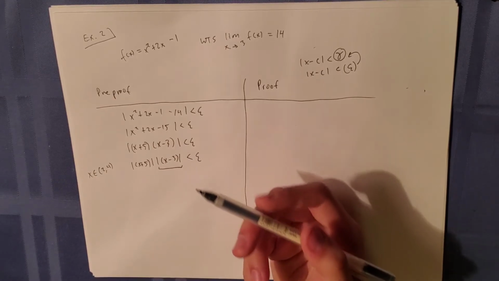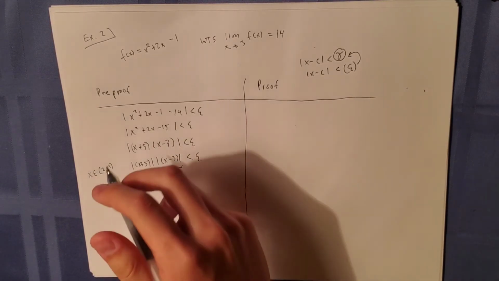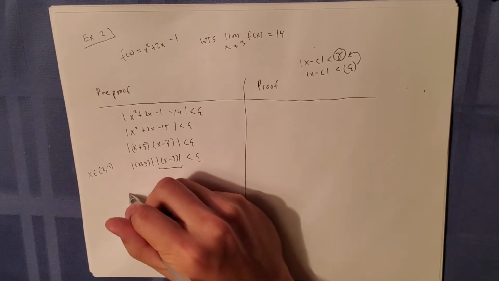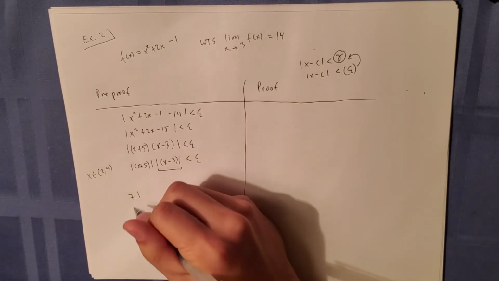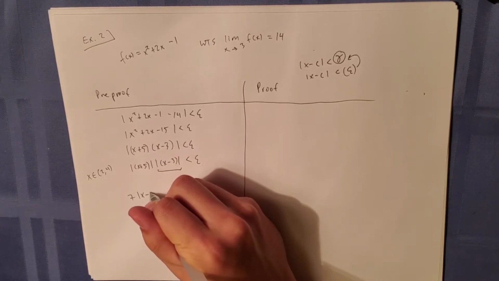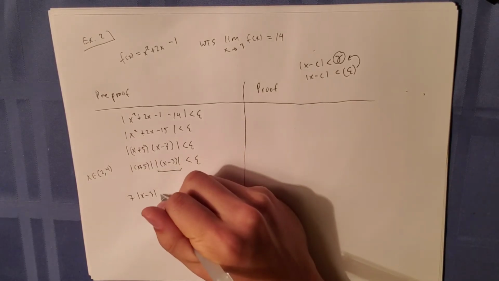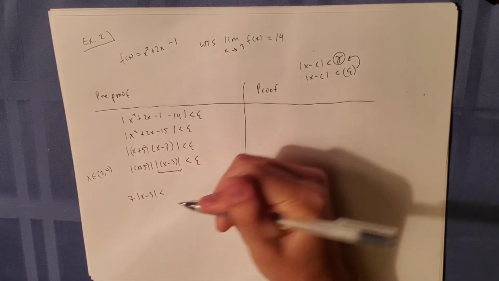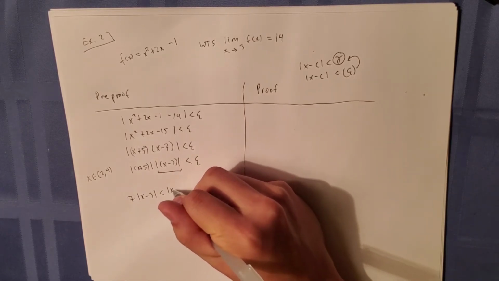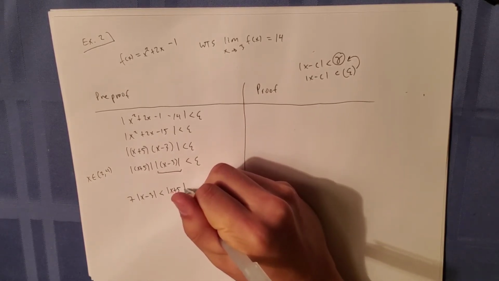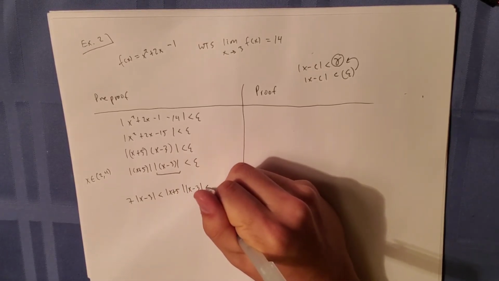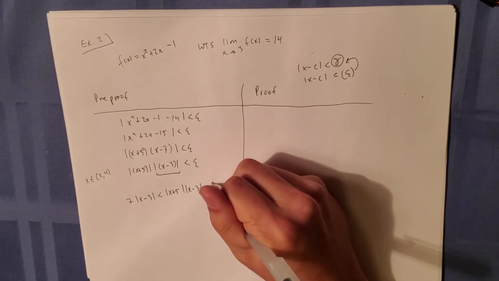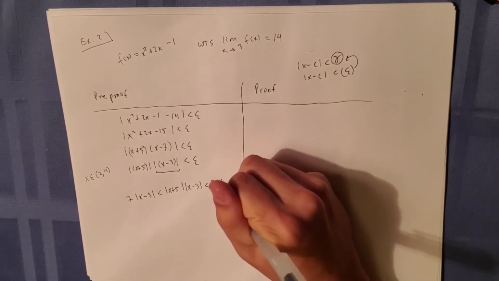So by this, we will have that 7 times the absolute value of x minus 3, because we're plugging into x plus 5, will be strictly less than the absolute value of x plus 5 times x minus 3, and this will also be strictly less than 9 times the absolute value of x minus 3.